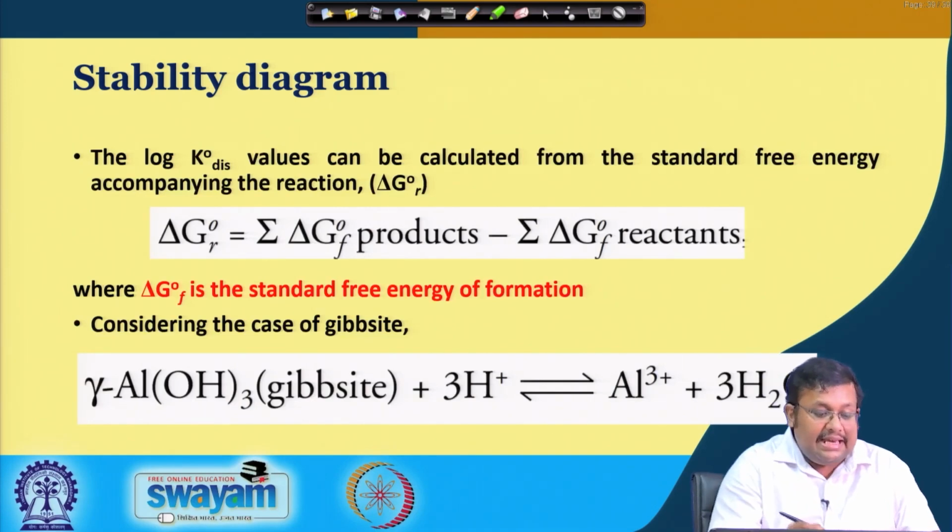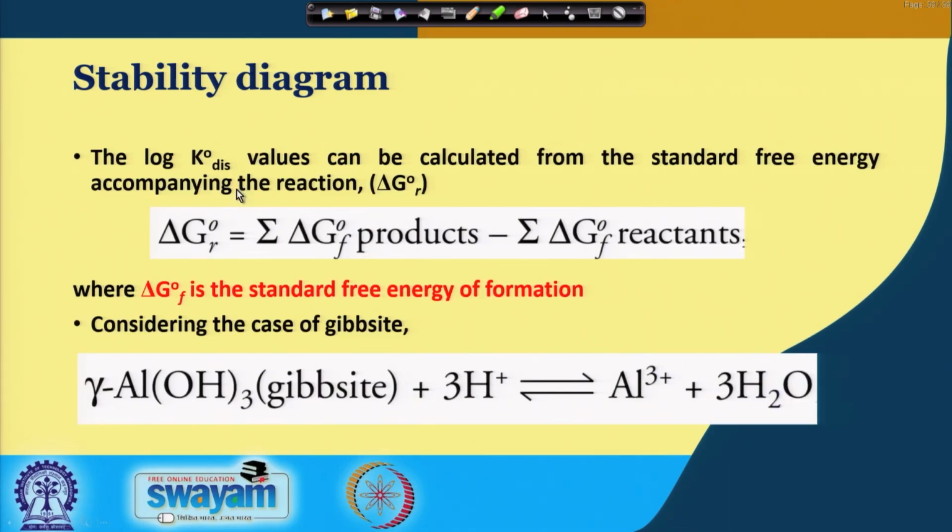As you can see, the log K0d, the thermodynamic dissolution constant, can be calculated from the standard free energy accompanying the reaction, which is denoted by this. The standard free energy of formation can be calculated by this equation.